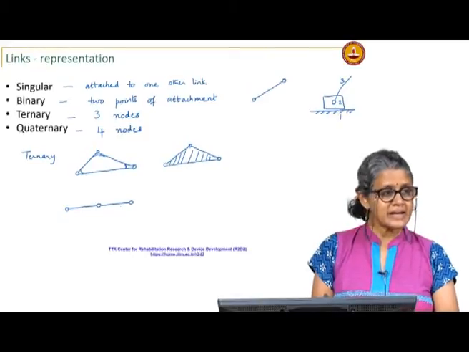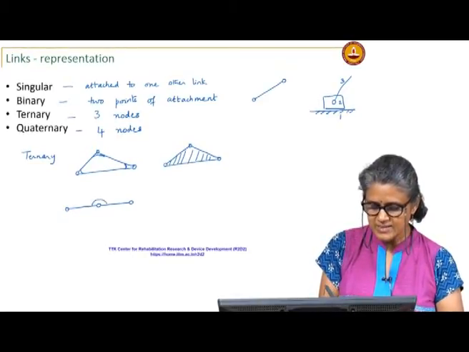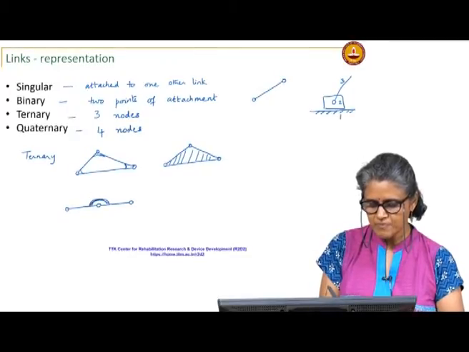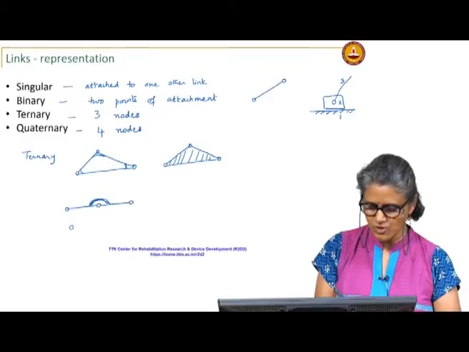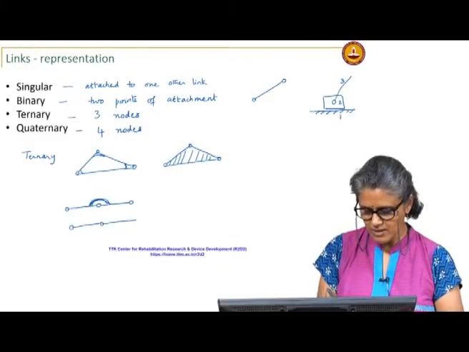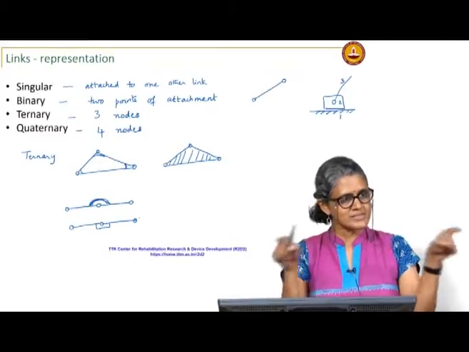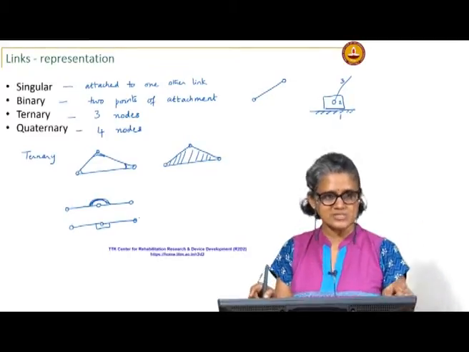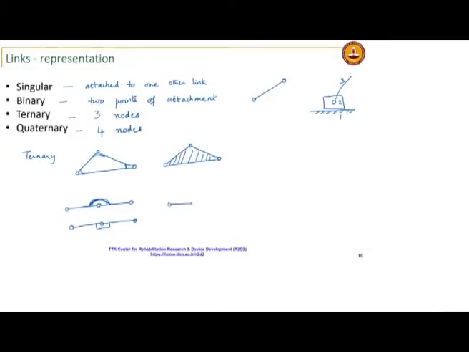You would normally interpret this as 2 binary links unless it has this weld. In that case it could be like this or like this. It has to have that weld to show that it is part of one link, and the nodes could be on the same line. This is different from this, which is 2 binary links.